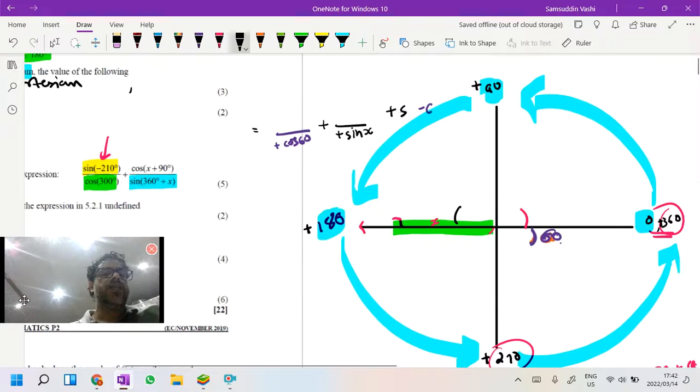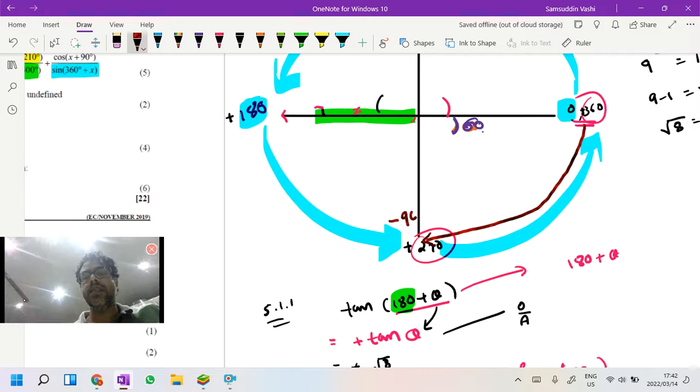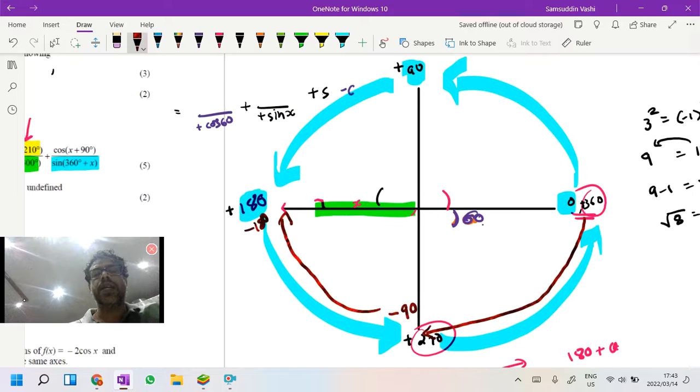So if in a question I have a negative angle, the easiest way is to start my journey in the clockwise direction from 0. So from 0 downwards, it will be negative 90. I have to reach 210. That's negative 180, so 210 is after negative 180.